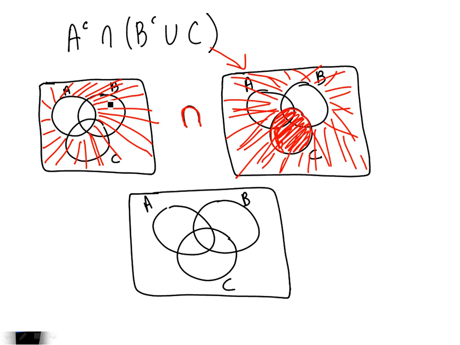Alright, B, no. Okay, what about C? Something's going on here, C. Yes. The bottom of C and also this part over here is shaded. So the answer is not only the outside part of all of this, but also this part here, see?